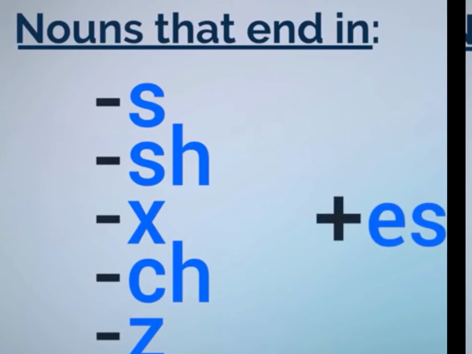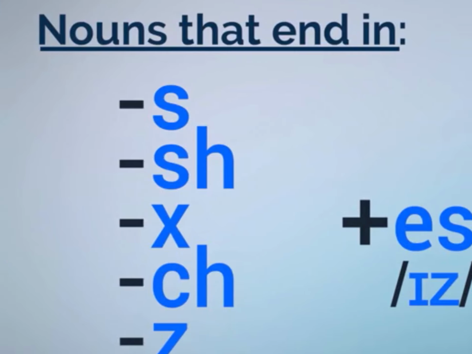Okay? Now, like I said, the ES here, when we said bus, and then we made it plural, buses, you hear that there's an IZ, okay? Bush, bushes. The ES here, when you pronounce it, sounds like IZ. Foxes, foxes. We're writing FOXES, but we're hearing foxes.